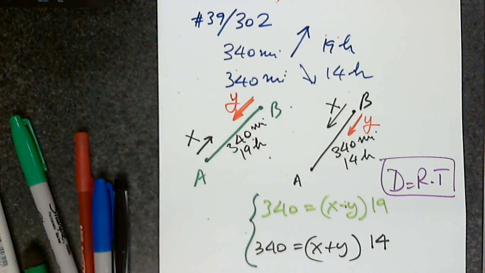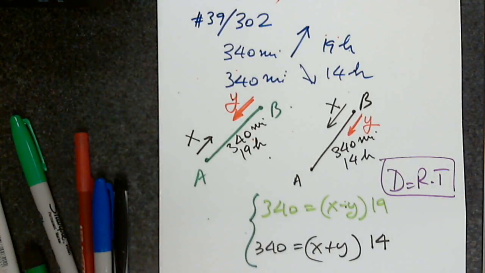It will be more difficult, though. 340 is not divisible by 19. You can leave it as a fraction and deal with it later.